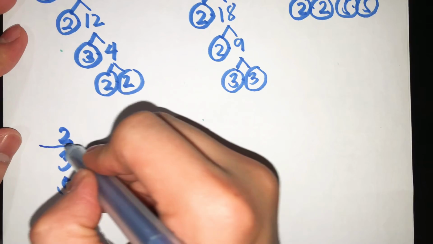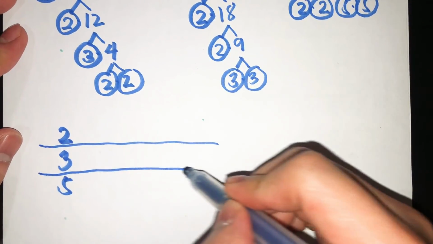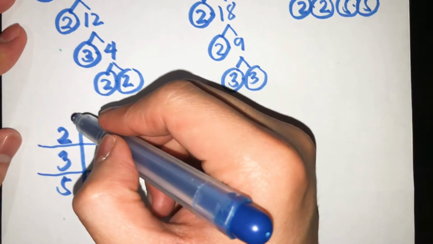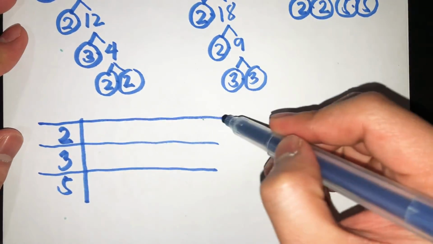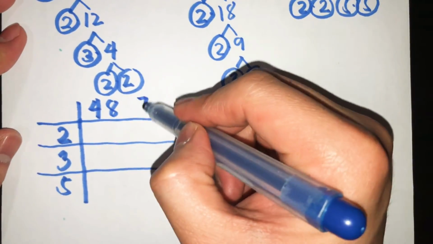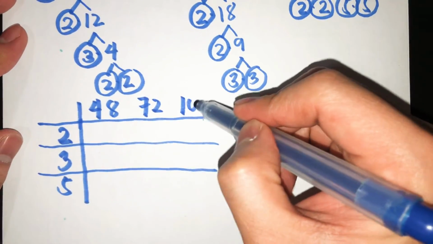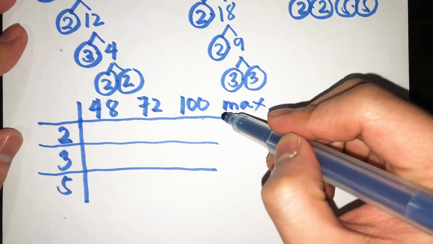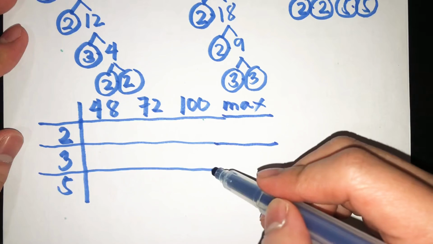Then we have 3 numbers again: 48, 72, and 100. Then we have the maximum number of times.